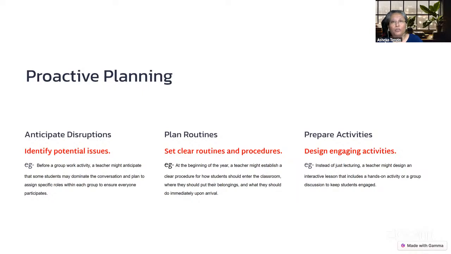There would be some students in your class who would like to talk a lot. So maybe then you assign a specific role to that student. Or in the groups, assign different roles so that one person does not dominate the whole conversation. So when you're planning your activities, think about who is going to do what and where there will not be disruptions.